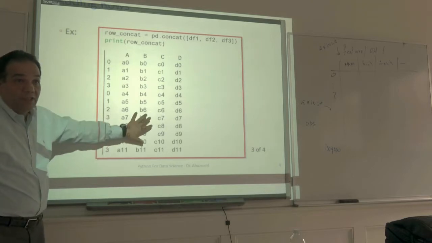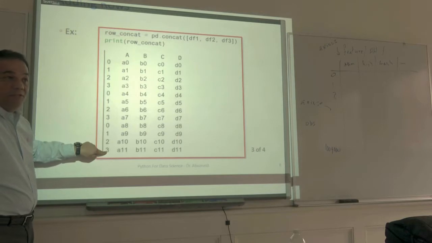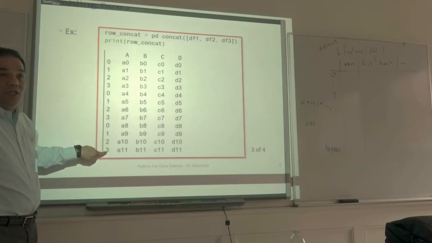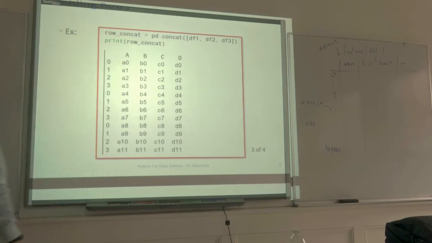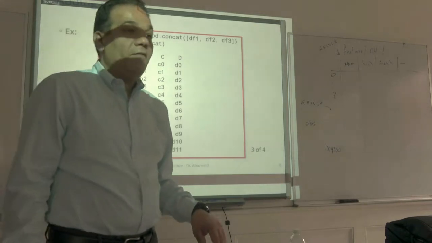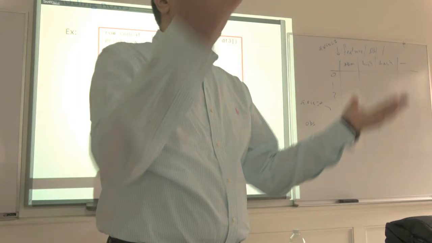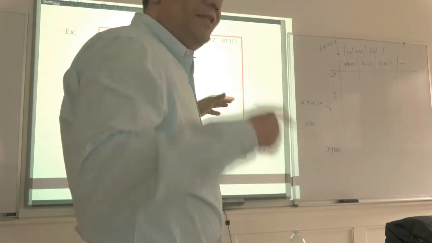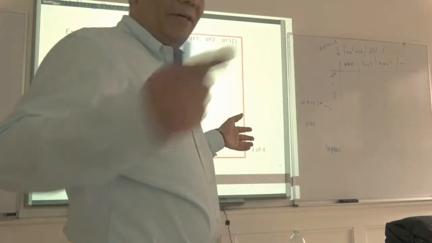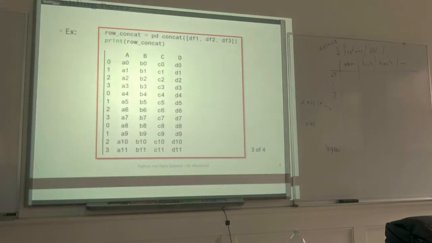I could reset the frame, and then the index is reset. Very simple. Here I have 4 by 12 now, but if you have 3 or 4 files that each have a million records, this process is going to take a while until you see that.